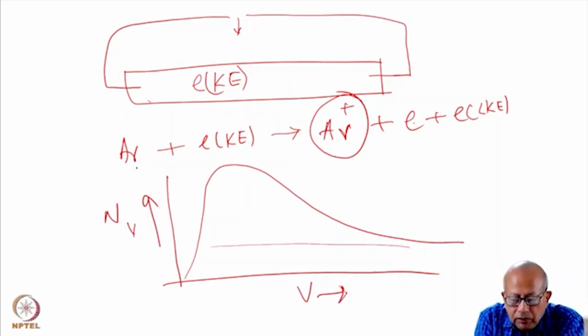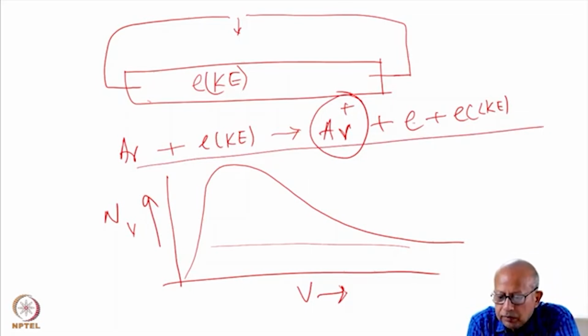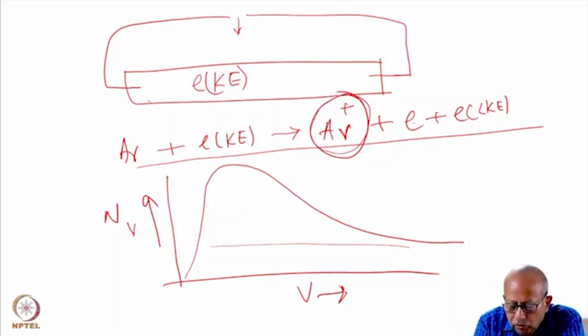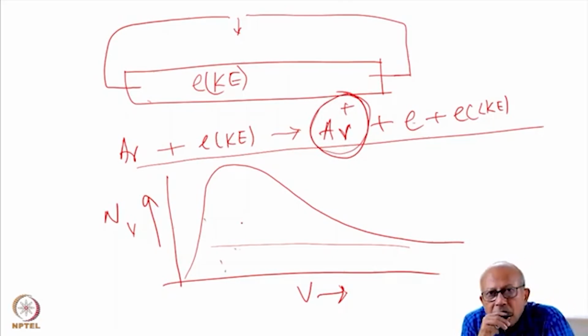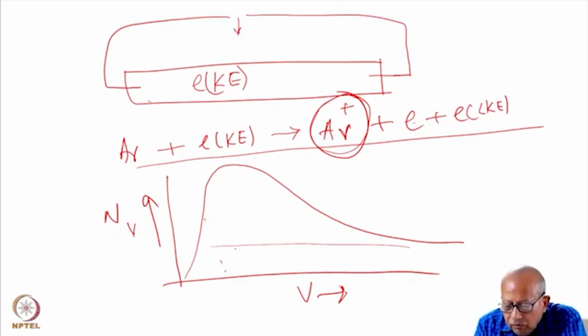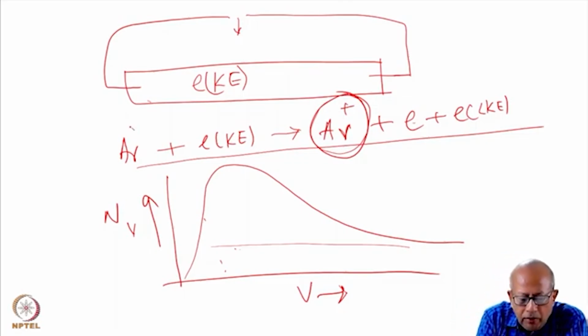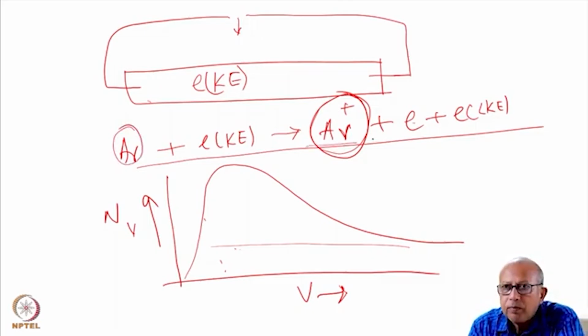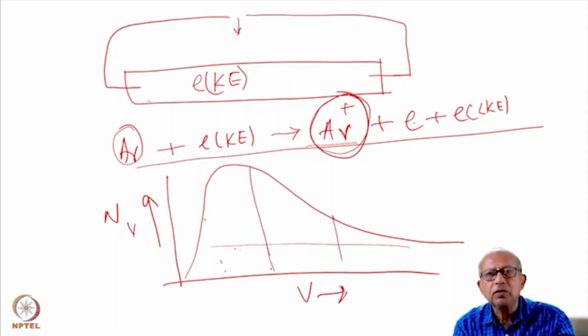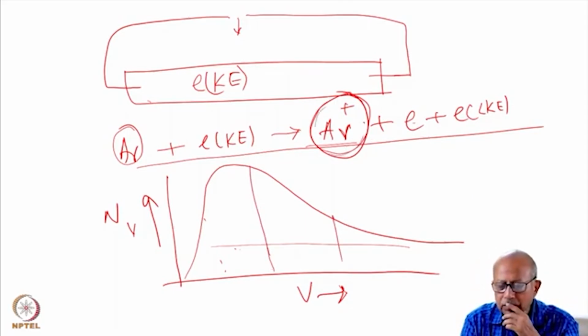So for this process of manufacturing argon ion, not all electrons will be equally effective. The electrons that will have an energy more than the ionization potential will only be able to ionize the argon atom. So that may be just a fraction of the electrons which will participate in this process.